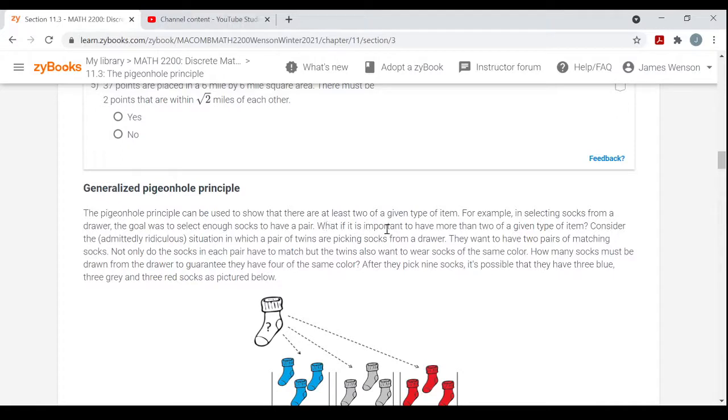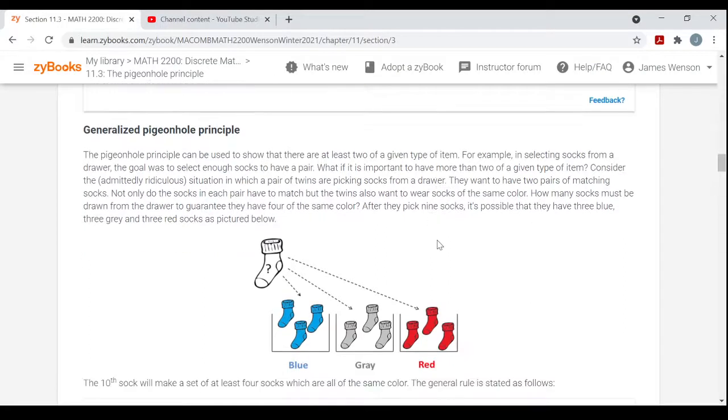What if it is important to have more than two of a given type of item? So consider the ridiculous situation, they're saying. Consider the situation in which a pair of twins are picking socks from a drawer. And again, this is a drawer with blue socks, gray socks, and red socks. And suppose they're picking them out blindly. Right?